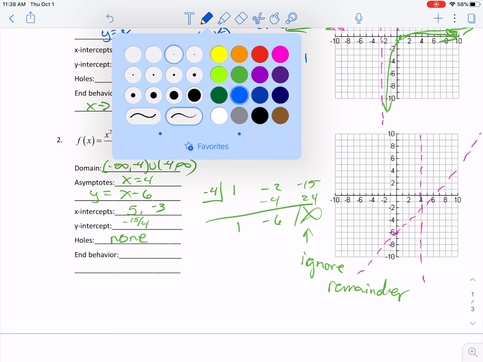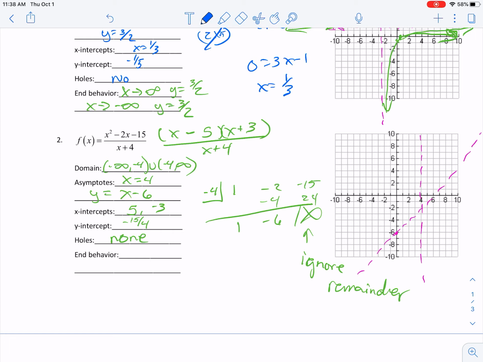My intercepts, we'll switch back to blue, are at 5. Oh, that's the y-intercept, sorry. Are at 5 and negative 3. Oh, that's weird. Really? All right, so it looks to me like we've got a graph that's going to be coming, and then at negative 15 over 4, which is what, negative 4 and something?